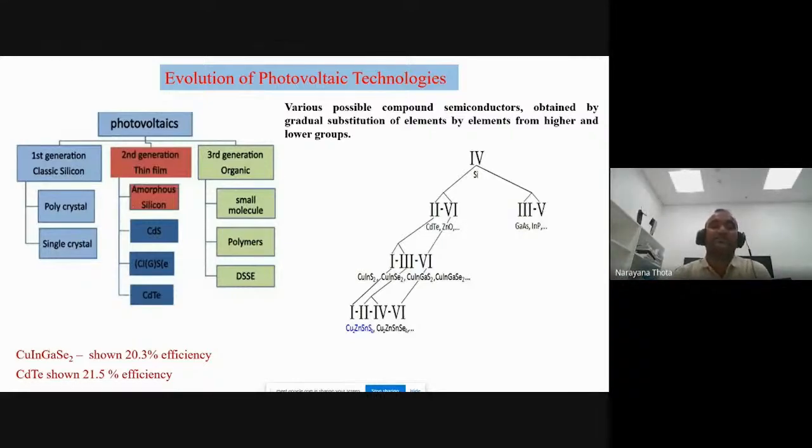Second generation solar cells are the thin film solar cells, and third generation solar cells are the new concepts like perovskite solar cells, organic solar cells, polymer solar cells, or multi-junction solar cells. So these are the advanced concepts, third generation solar cells. Whereas first generation solar cells are old, in the sense of well-studied solar cells, and they are very high efficiency and also the cost is high. The main reason is that silicon solar cells are wafer-based solar cells.